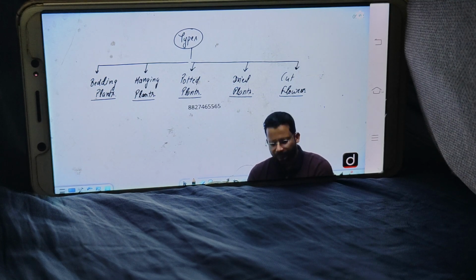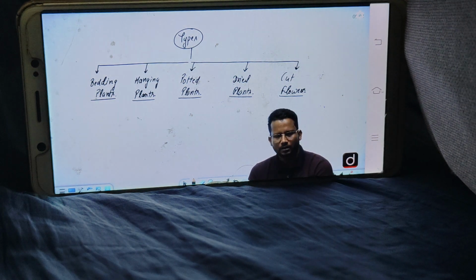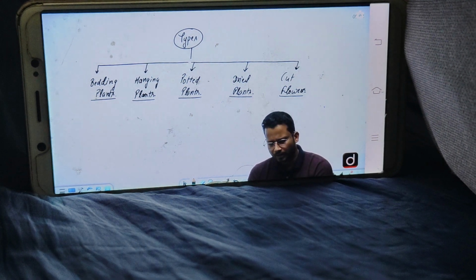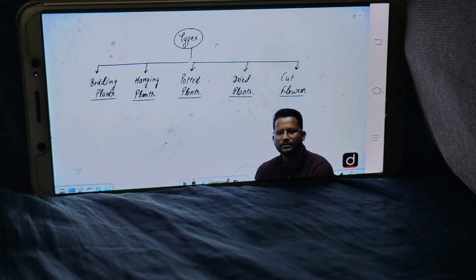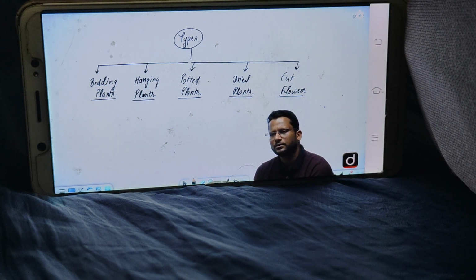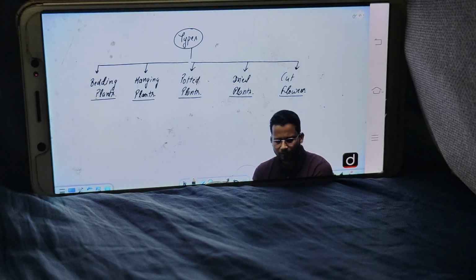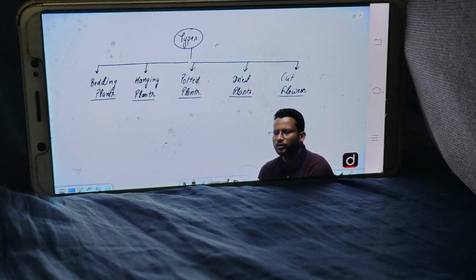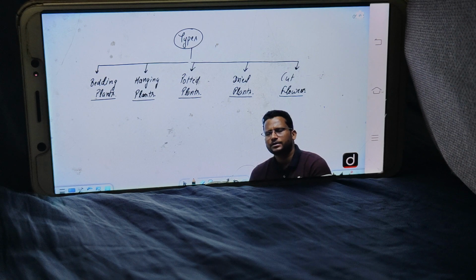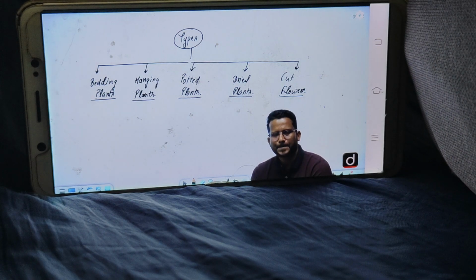Simple. So these are the different types, or different forms, of floriculture. Now if there is a question: what is the significance, why do we need floriculture, why is floriculture important? So you can say floriculture is important because, first of all, it is helping farmers to diversify their agriculture. It adds another dimension.